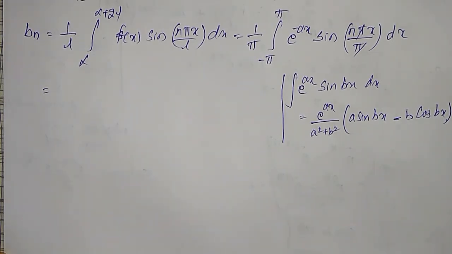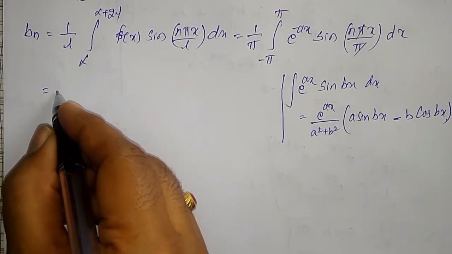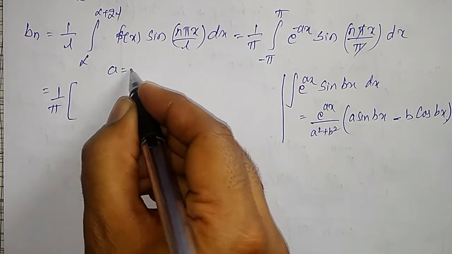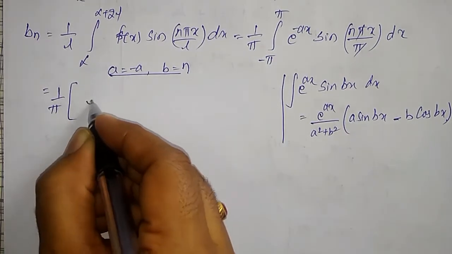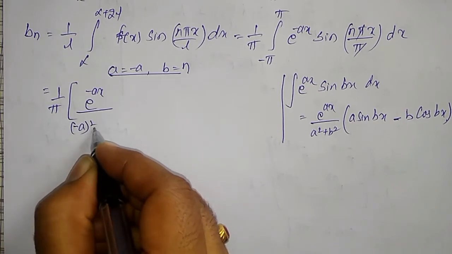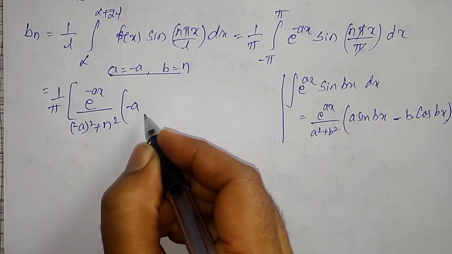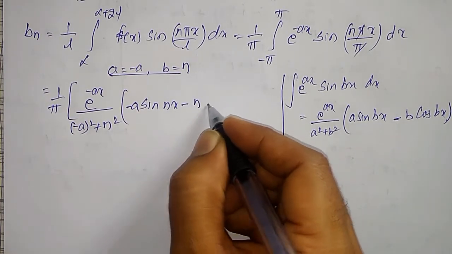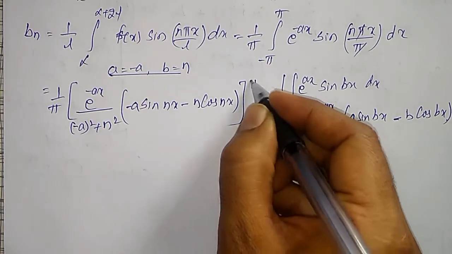Next one, that is 1 by pi as it is. Integration of this, while comparing with this, a is equal to minus a and b is equal to n. I have to do e to the power minus ax divided by minus a square plus n square, into minus a sine nx minus n cos nx, between the limits minus pi to plus pi.